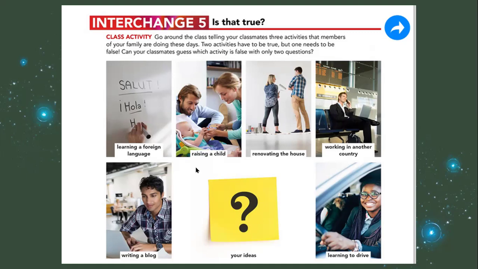I'm planning to travel to Spain. Planning. Yes. I'm planning to travel to Spain. Yes. Okay, that is hard.